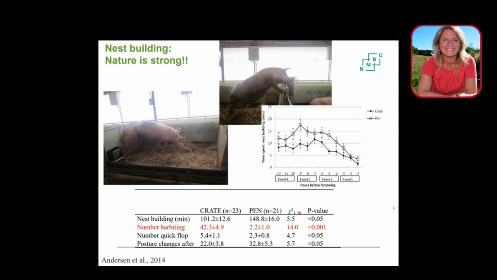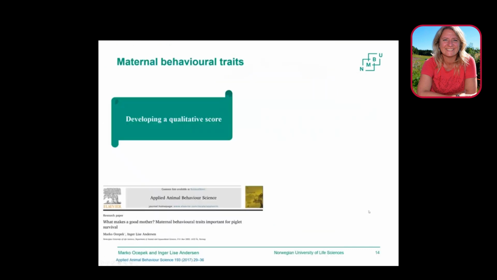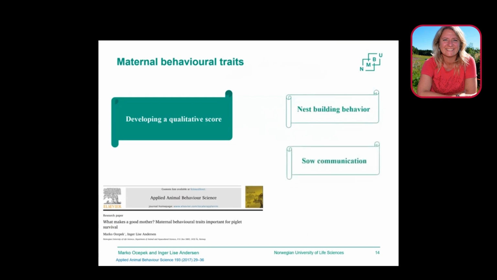So, are there more behavioral traits that are of importance that you have to think about when you select good mothers? We have also looked at that. In addition to nest building behavior, which is affecting farrowing duration and the percentage of stillborn piglets, we have also looked at some other traits, among others, how the sow communicates with her young shortly after birth.